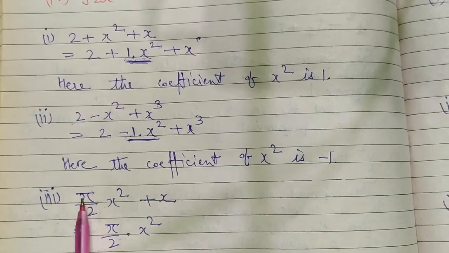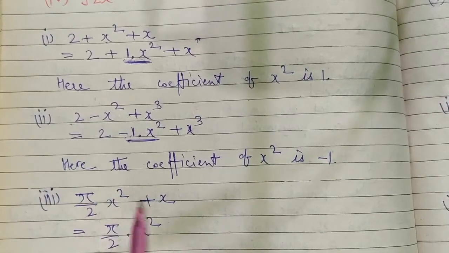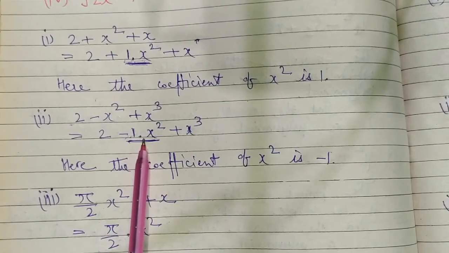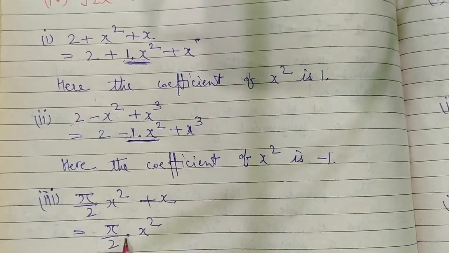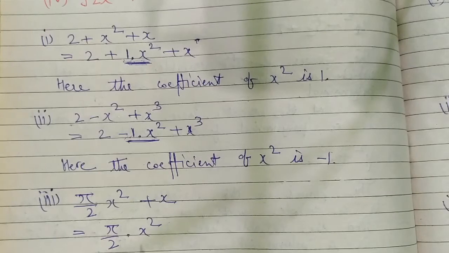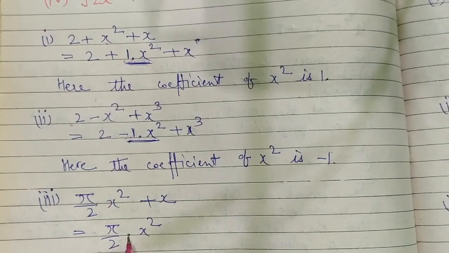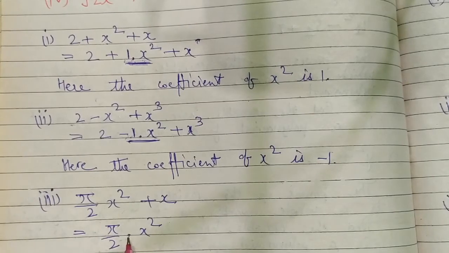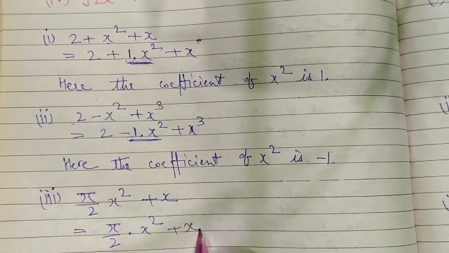So now this is the question: pi upon 2 x square plus x. We need to do it like we did it here. So it is pi upon 2 dot x square, right? We have separated this one. This is multiplication, so plus x.